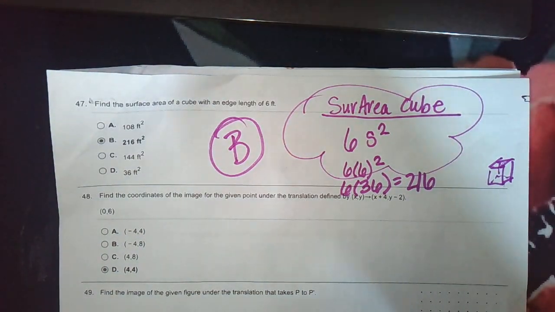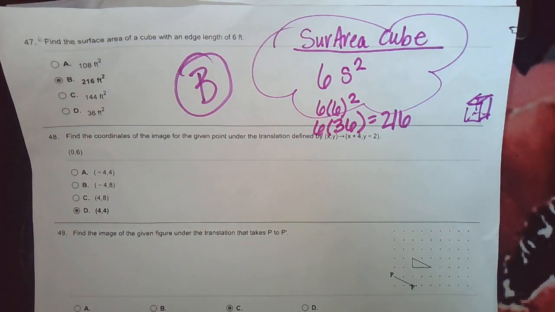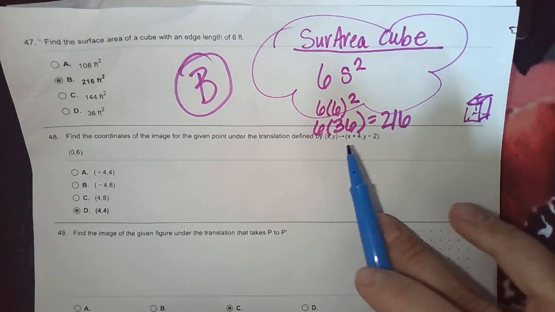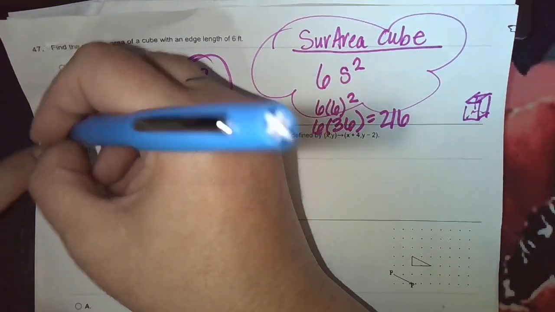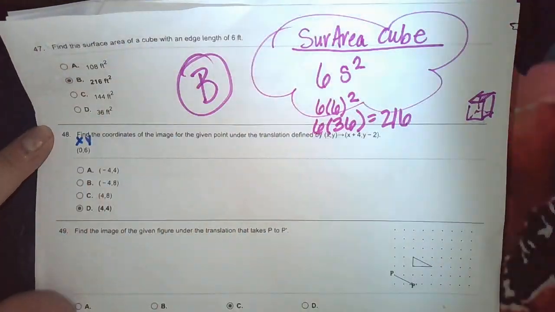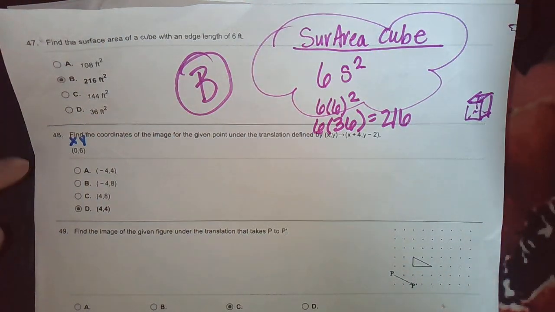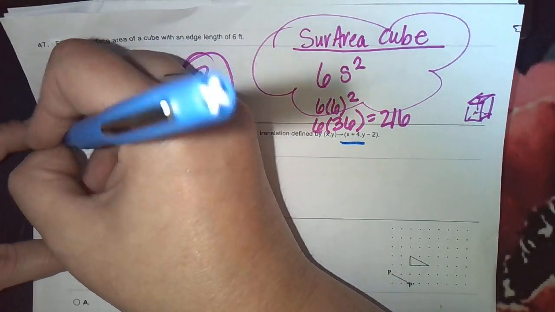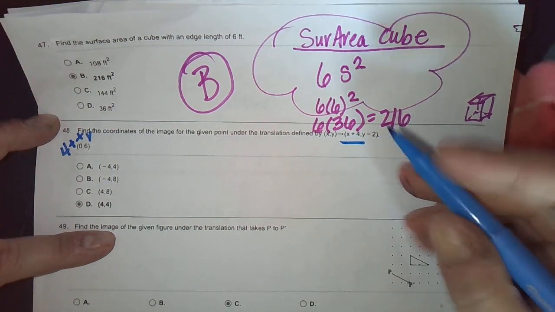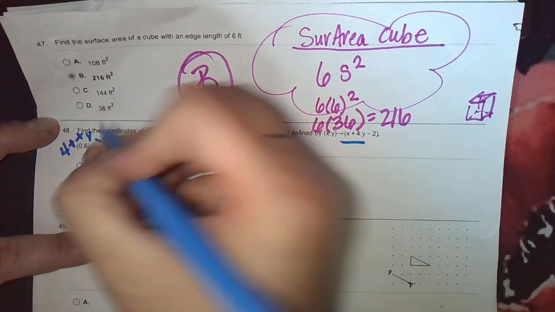Alright, let's look at number 48. It says find the coordinates of the image for the given point under the translation defined by... Okay, so this point that they gave us, 0, 6, that's x and y. What we're going to do to the x is plus 4. What we're going to do to the y is minus 2.